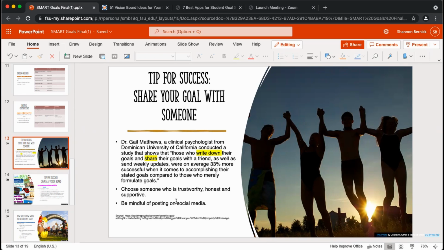So, you do want to be mindful of posting on social media simply because of the large audience that it opens you up to. And there can be some vulnerability in working towards a goal, especially when we experience those setbacks. So, definitely be mindful of who you share with and how much you post on social media.